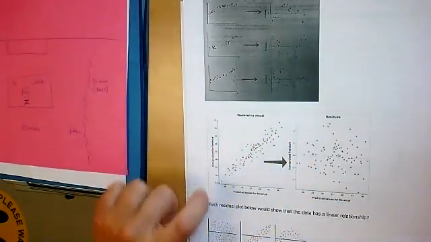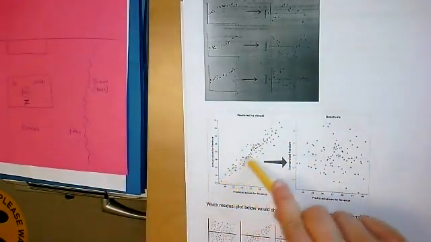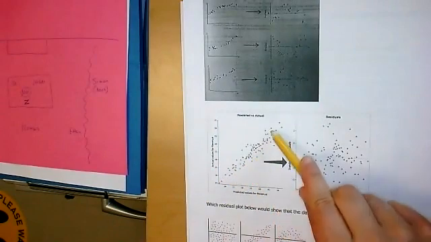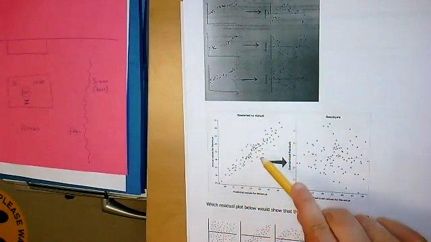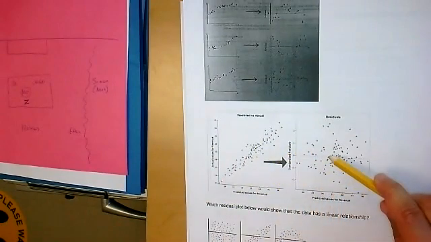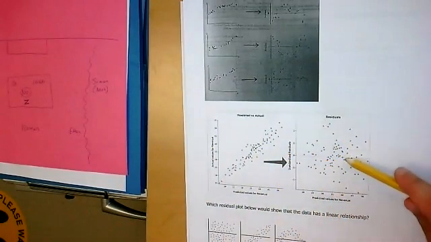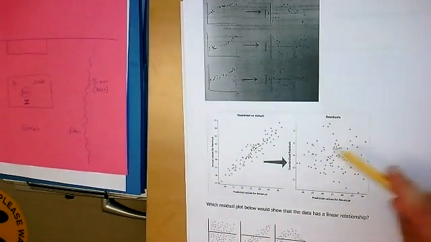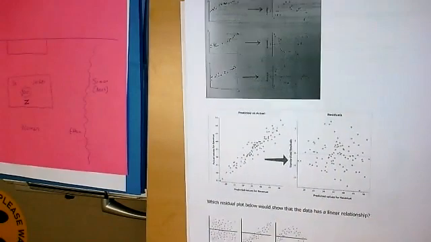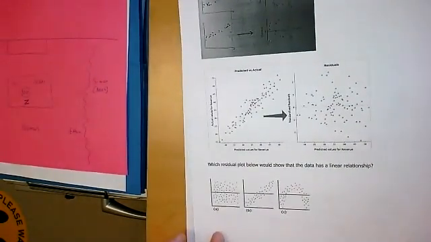And once again, this scatter plot looks like a pretty strong positive correlation, right? All the points are close together, going in that positive trend. And then again, the corresponding residual plot, a bunch of scattered points. And that means, again, this residual plot with all those scattered points is telling us that we have a strong linear relationship, okay?